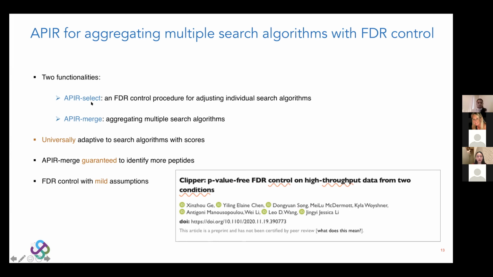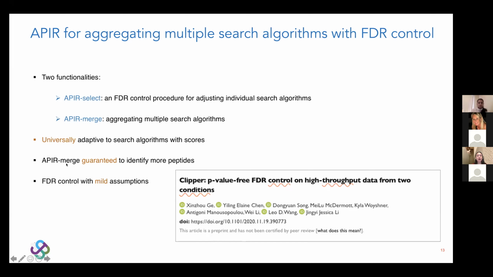And our APIR-select is partly based on our recent work Clipper, p-value free FDR control on high-throughput data from 2 conditions, which is on bioRxiv. The second functionality of APIR is APIR-merge, which aims to aggregate multiple search algorithms. The key advantage of APIR is that it's universally adaptive to search algorithms with scores.